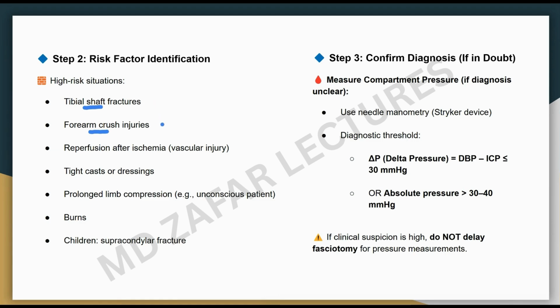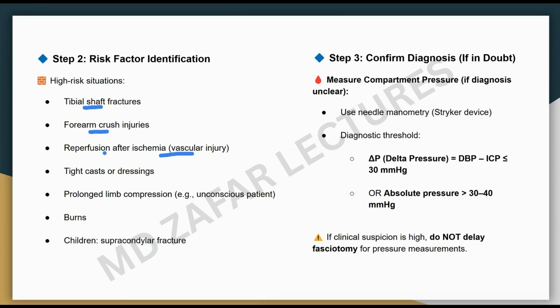So these areas are quite tightly compressed within the fascia. The muscles are compressed within the fascia, and a small bleeding or injury within these compartments can result in compartment syndrome. Now, if there has been a vessel injury and it was repaired, and when the clamps were opened, the blood flow to the distal compartment.